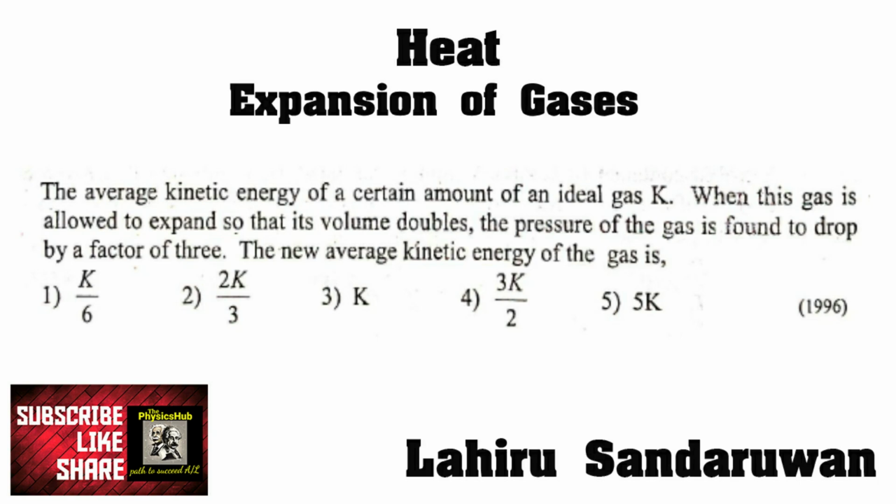The average kinetic energy of a certain amount of ideal gas is K. When this gas is allowed to expand so that its volume doubles, the pressure of the gas is found to drop by a factor of 3. The new average kinetic energy of the gas.